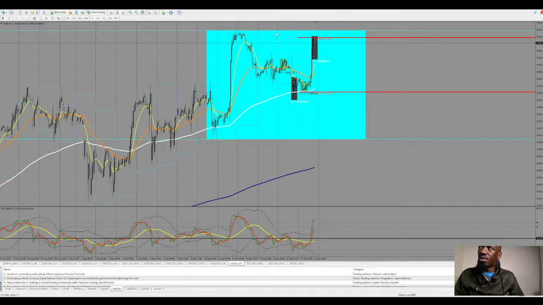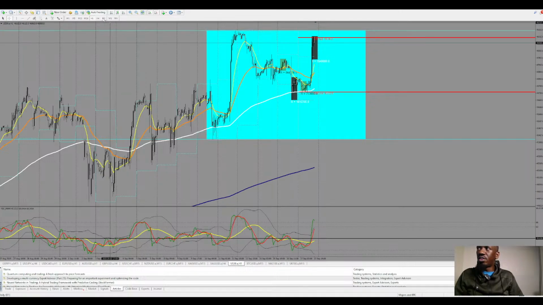Even better is if we get a confirmation where price takes out this external order flow high, because if it comes up here and takes out this high, then the next thing we're waiting for is for it to just do a pullback here. And then once it takes a pullback, we can take the trade back up.